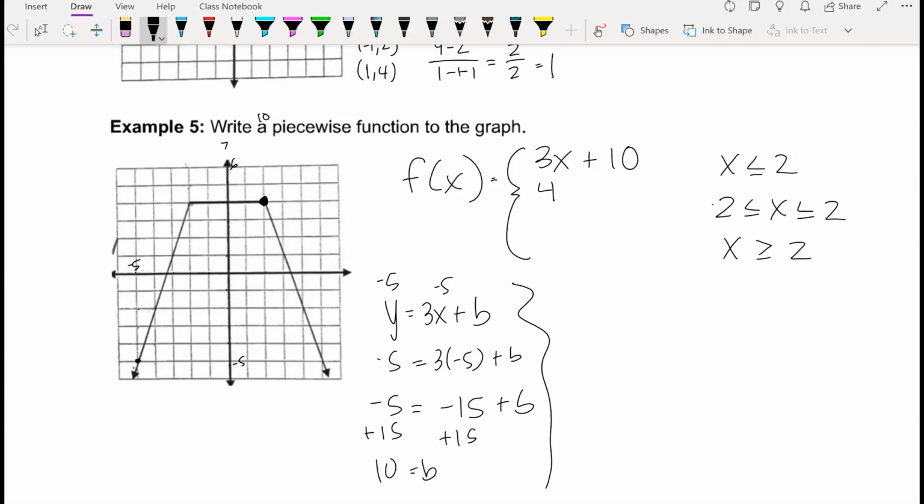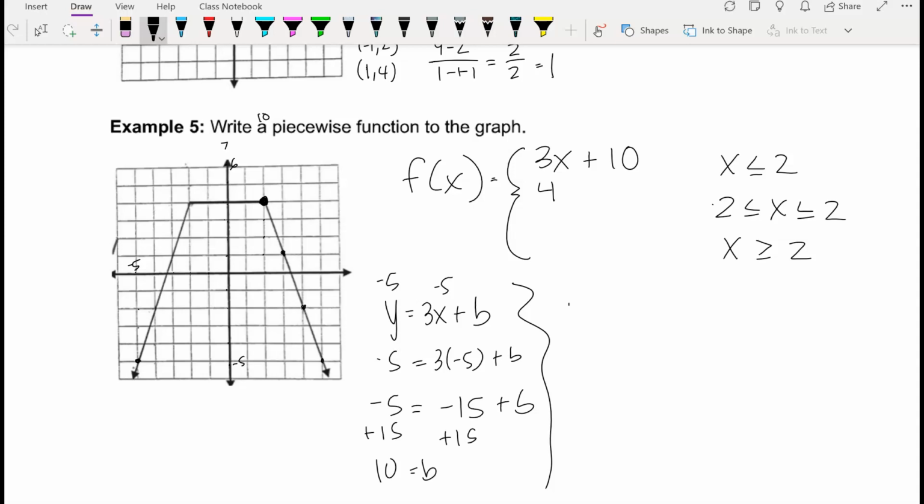All right, then the next one is pretty similar to this other one, except it's going in the opposite direction. So it's going down 3, so 1, 2, 3 over 1. Down 3 over 1.